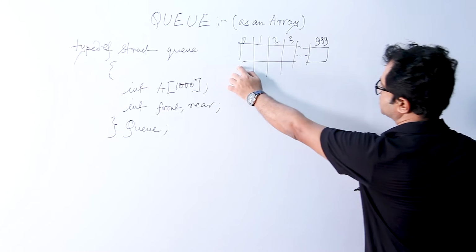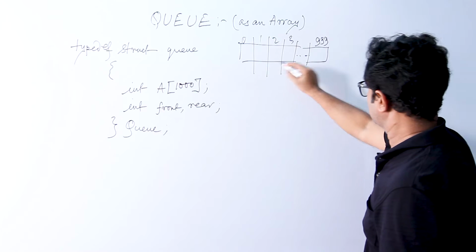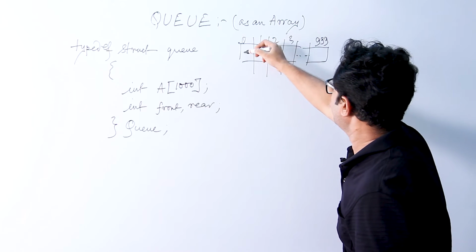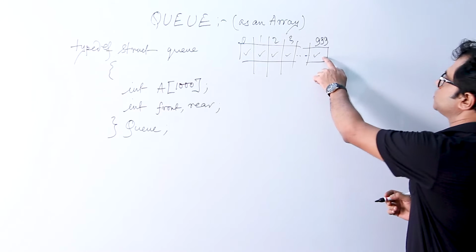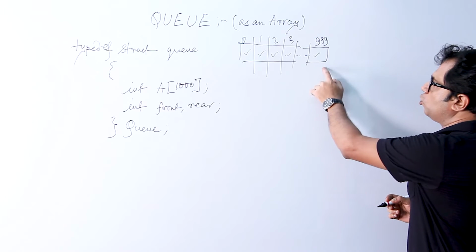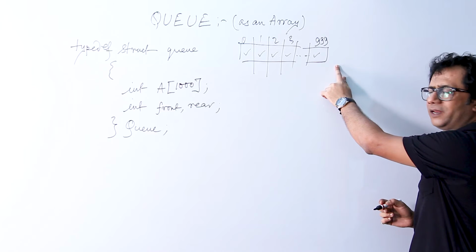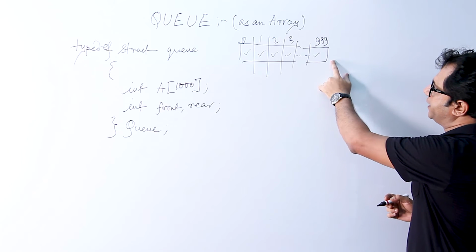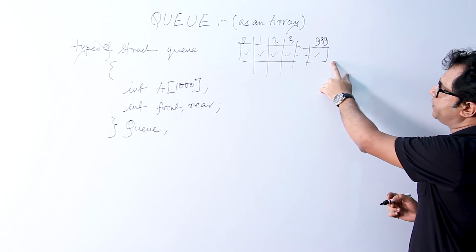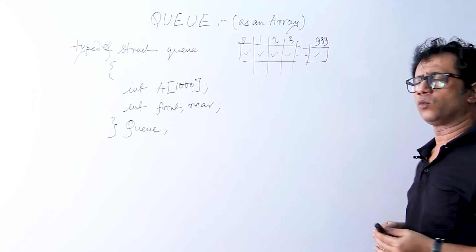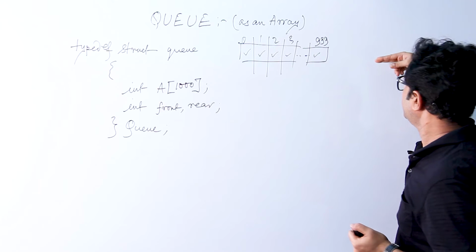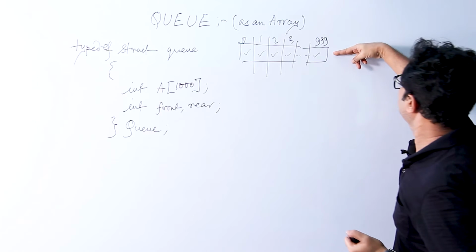So in this queue, if we have all the places filled up to the last position, there will be no room for addition of any new element from behind, because once the element is added to the queue, it will always follow the real world discipline of adding itself to the end of the queue.